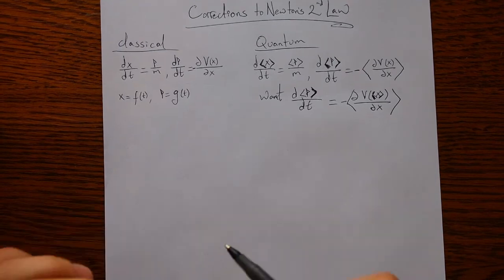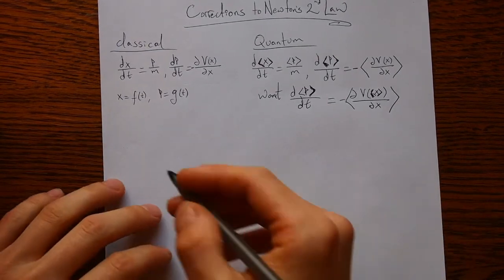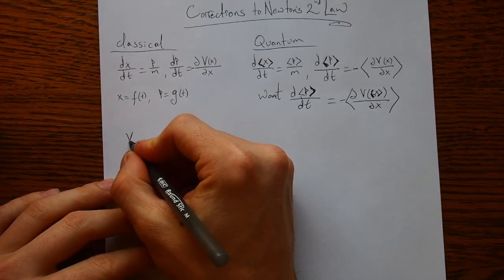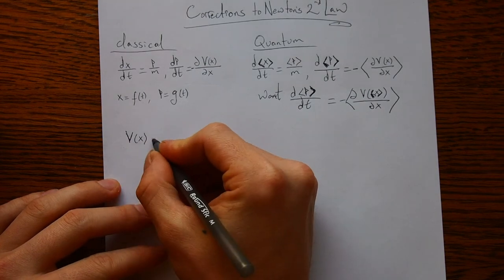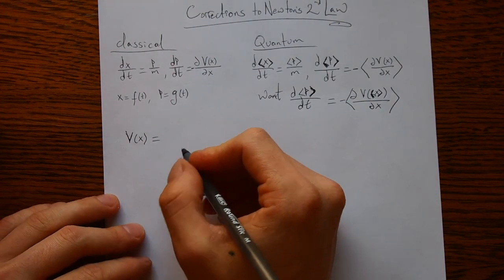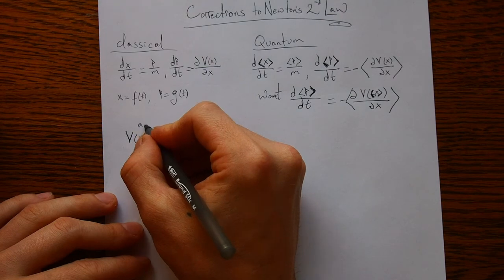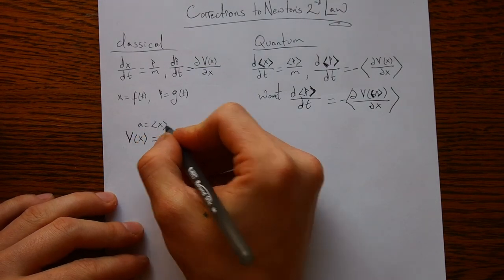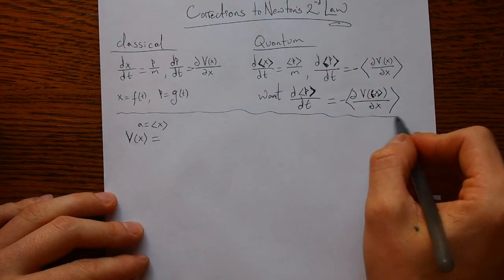Okay, so the way that we're going to get around this is to look at the Taylor expansion of the potential energy function around the point a equals the expectation value of position.